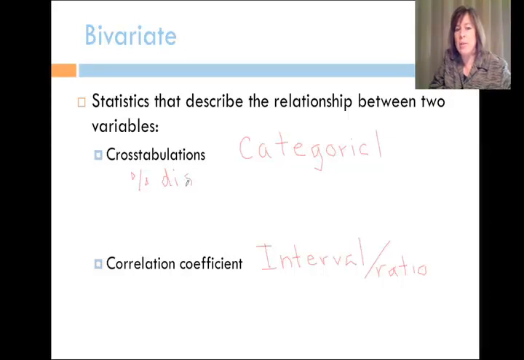And so what cross tabulations do is look at the percentage distributions for the two variables and compare those two variables.